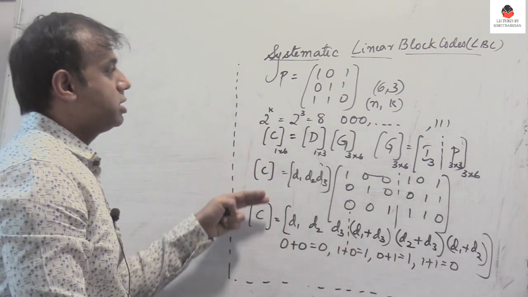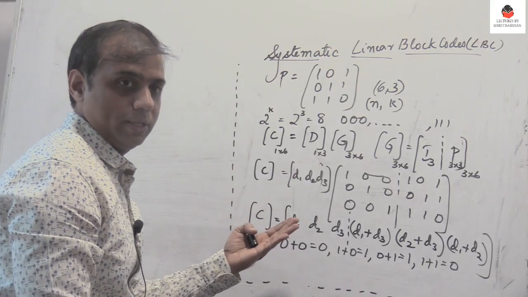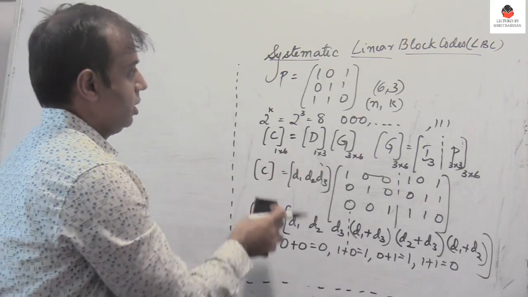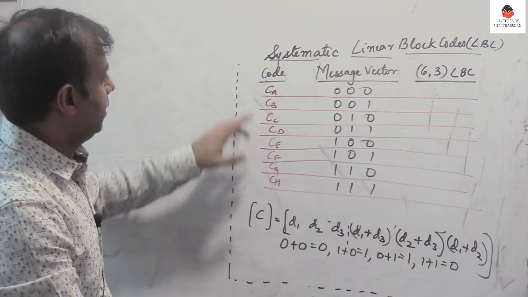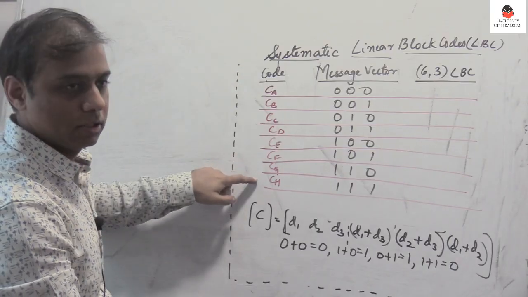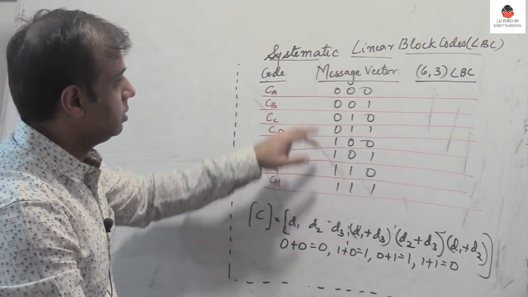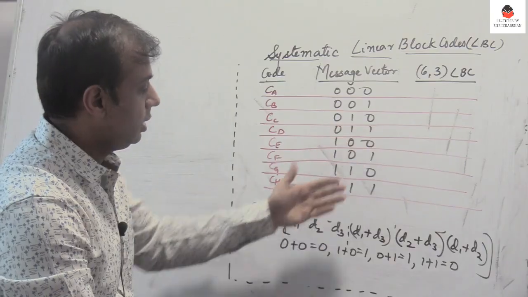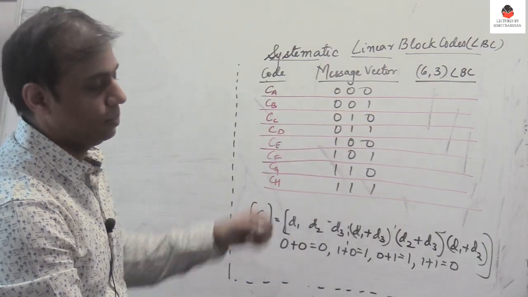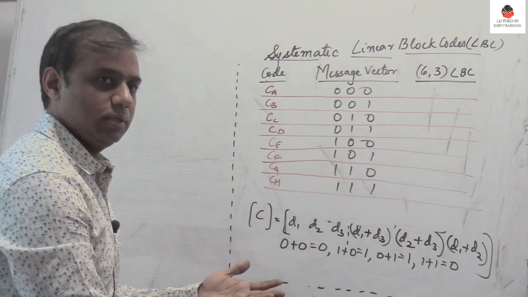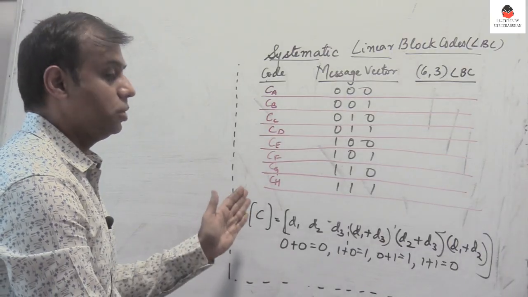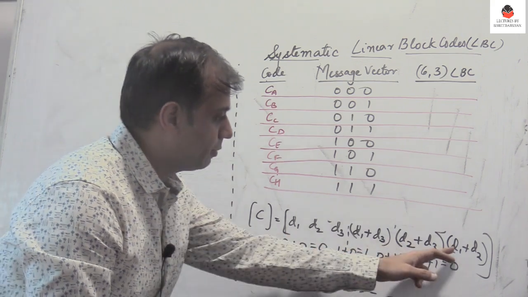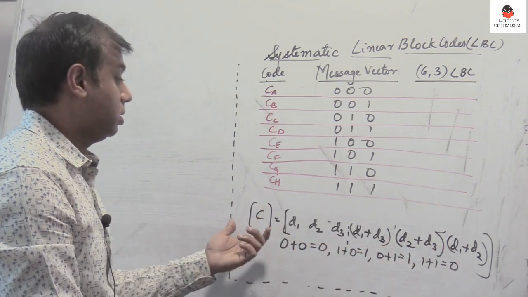So how many code words will we have? We'll have 8 code words corresponding to each of the data. Let's see how we can generate that. There are 8 codes, and I have named them CA to CH. The message vector is 000 to 111 because k is 3, and I need the 6,3 linear block code. In order to generate the 6,3 linear block code, there is no need for me to multiply the two matrices all the time, because I already know how to generate the code word.